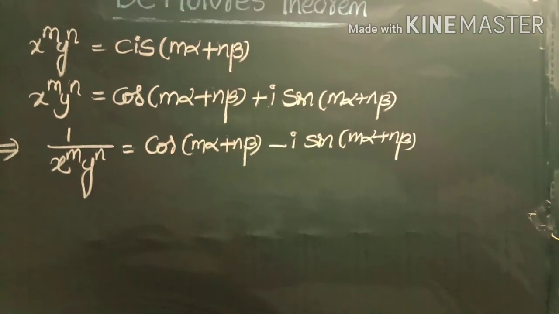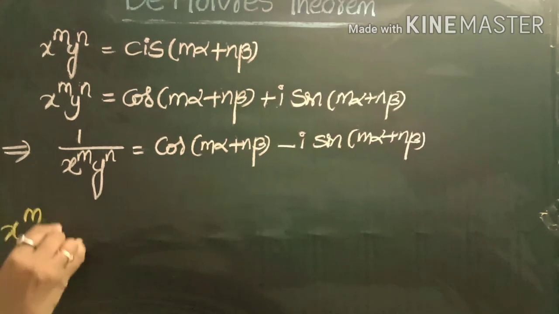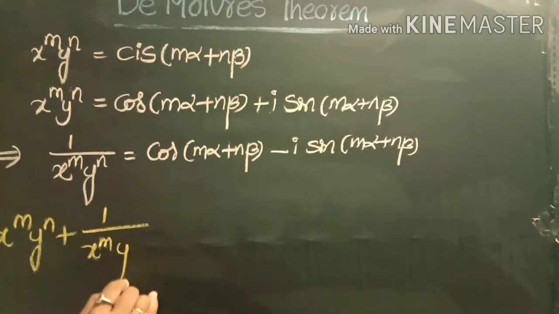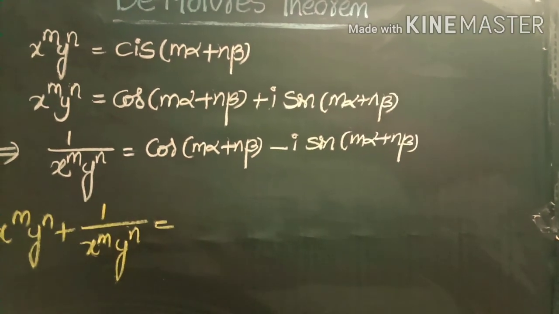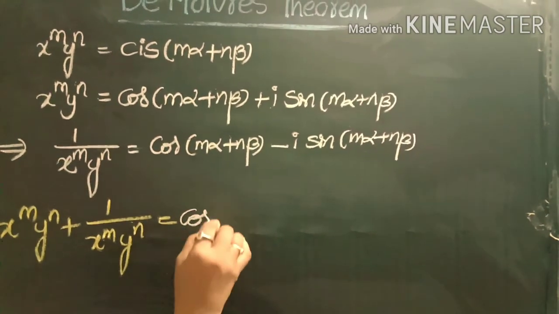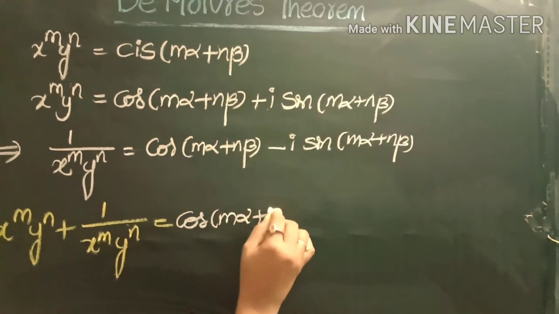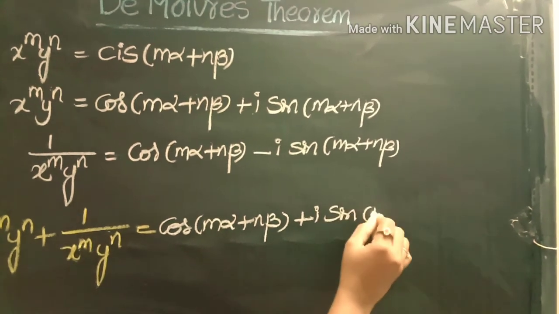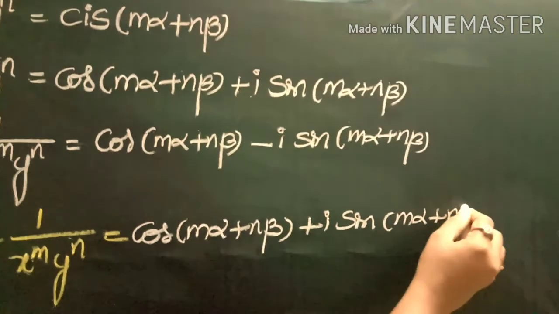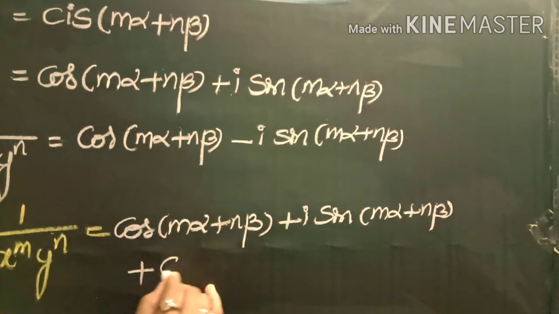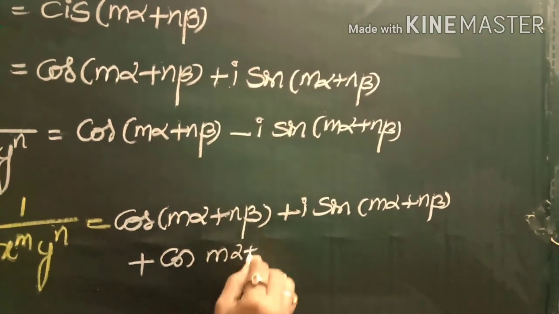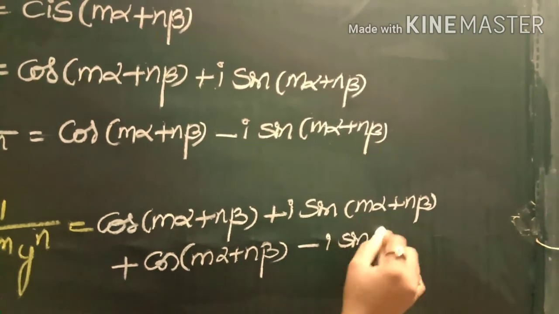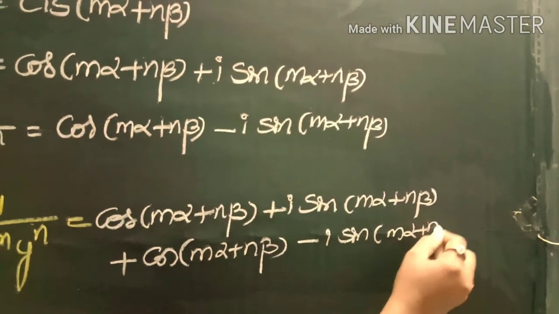Now adding these two terms, first result: x^m y^n + 1/(x^m y^n) is equal to, just adding both of the terms, cos(mα + nβ) + i sin(mα + nβ) + cos(mα + nβ) - i sin(mα + nβ).